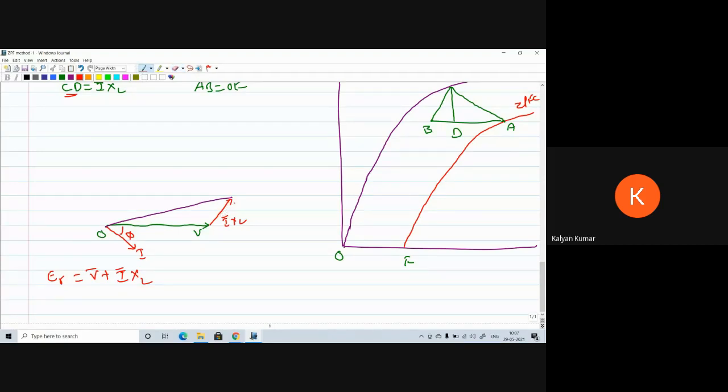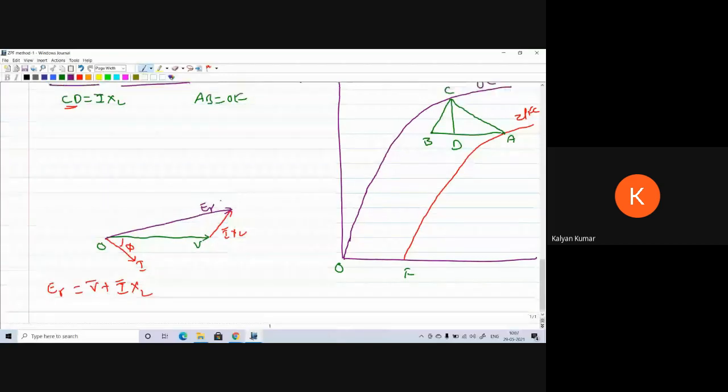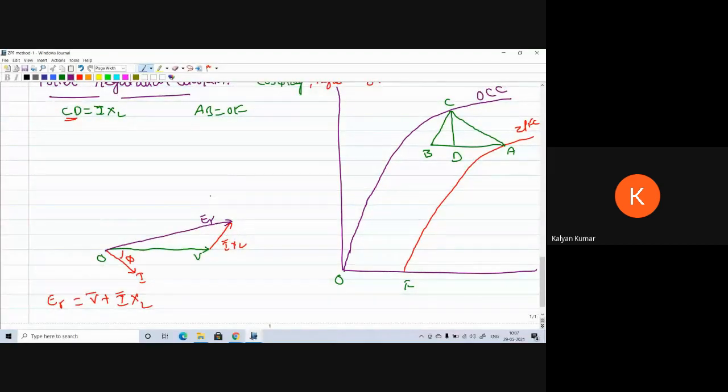ER we are going to obtain from this equation.